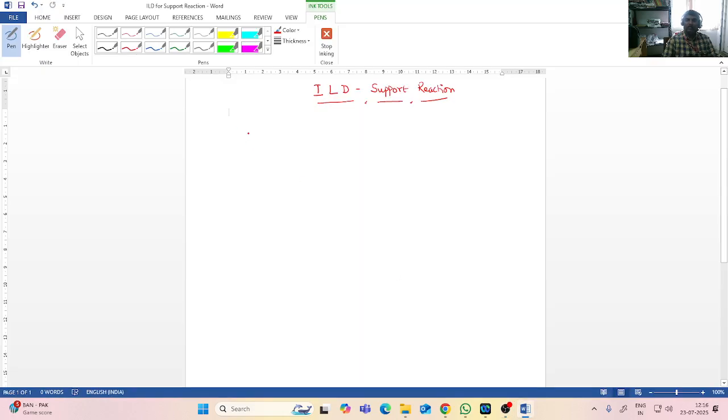Let us see how to draw ILD, the influence line diagram, for support reactions. Consider a simply supported beam.